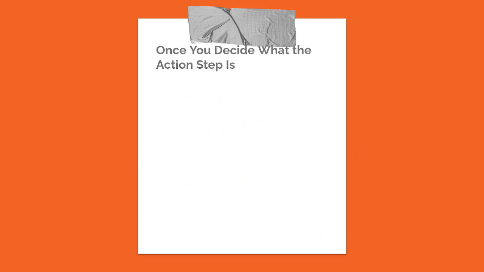Once you decide what the action step is, you have 3 options once you decide what the next action really is. Number 1, do it. If the next action can be done in 2 minutes or less, do it when you first pick the item up. If the email requires just a 30-second reading and then a quick yes/no response back to the sender, do it now.